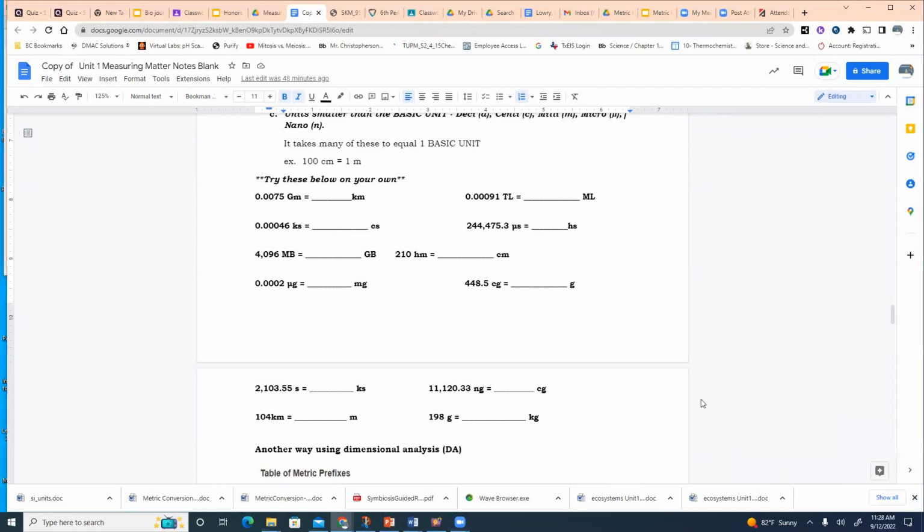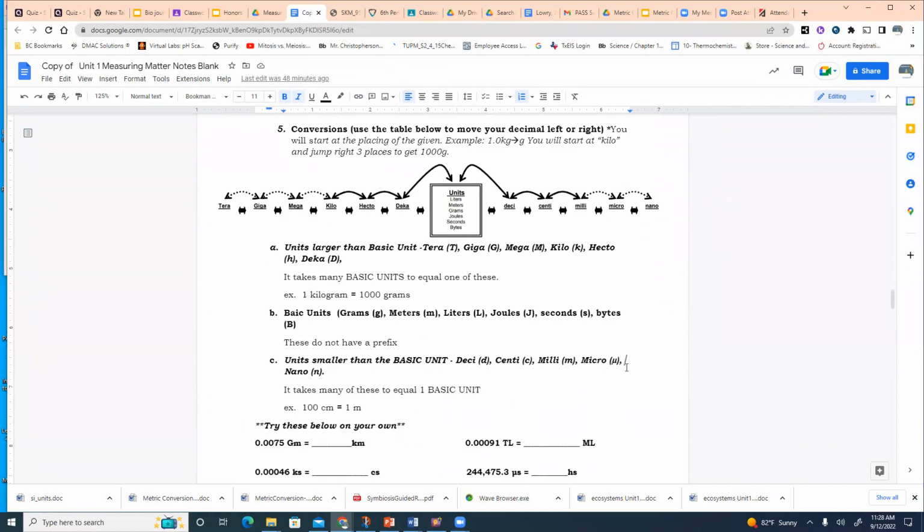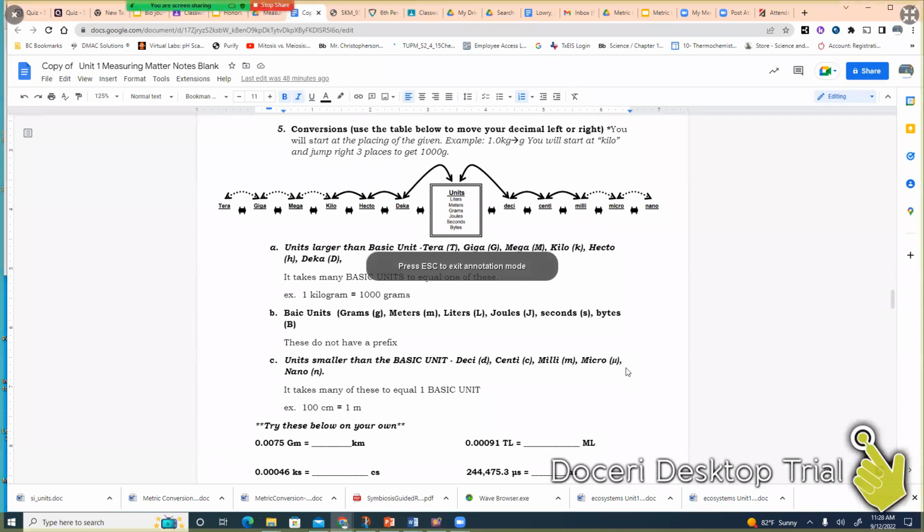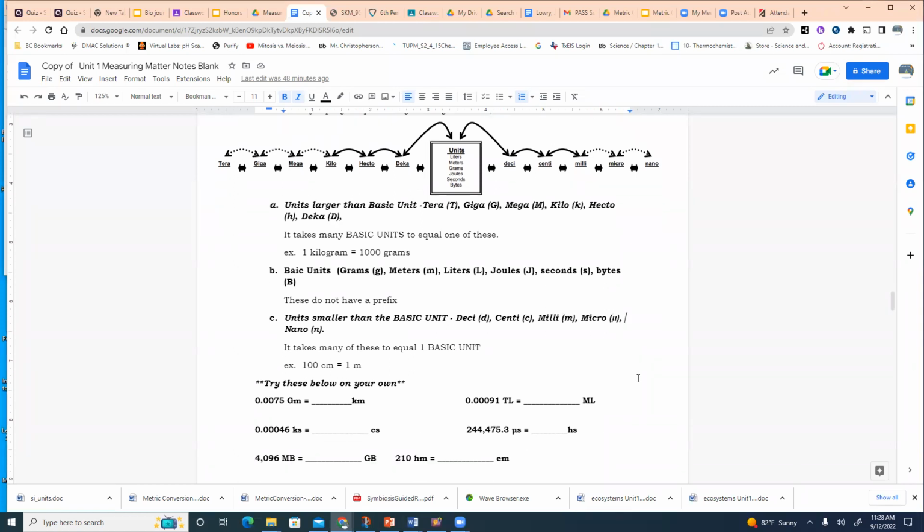Let's back up here. Starting with giga, and I want to go to kilo, so that's going to be 1, 2. That means I need to move my decimal 2 places to the right. Come back down here.